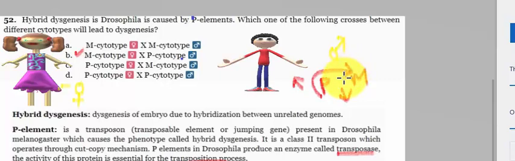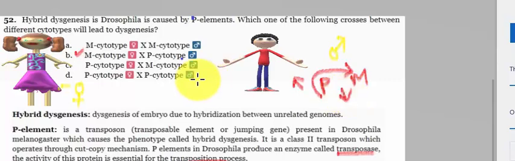The transposition occurs generally in the germline cells of offspring of P strain males with M strain females. Why does the transposition occur only in the germline cells? Any idea? Because a splicing event is needed to make the transposon mRNA, which does not occur in the somatic cells.